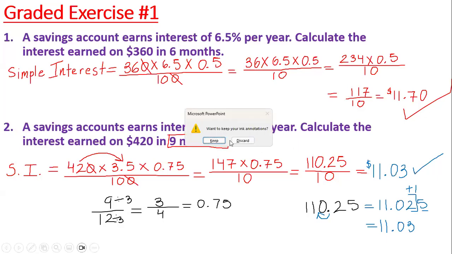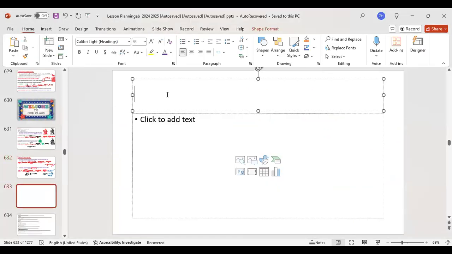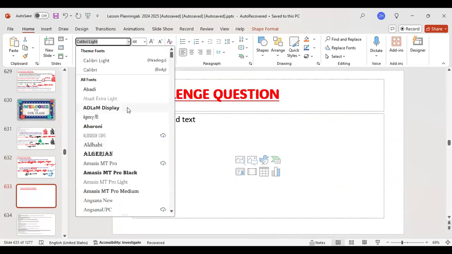So you know what time it is. Kanan, you know what time it is, right? Challenge question time. Let's just do it. Yes. I think I'm about to disconnect again. My Wi-Fi is choppy.